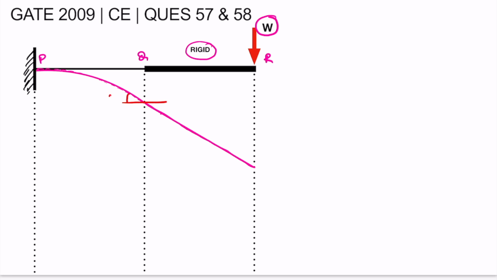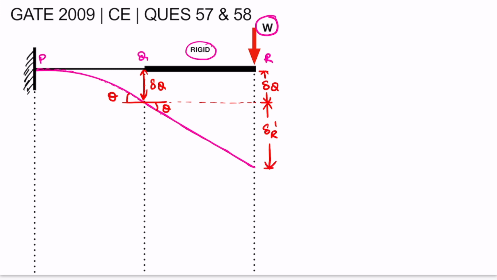Let us call this as theta. Therefore this will also be theta. Let's call this deflection as delta Q. This will also be delta Q. Let's call this part as delta R dash.